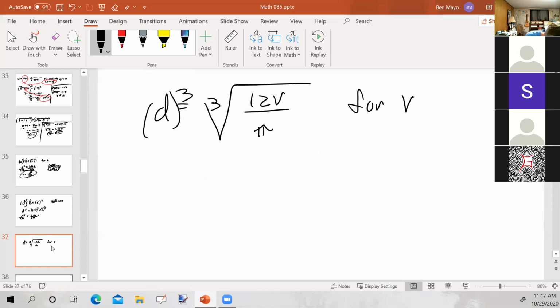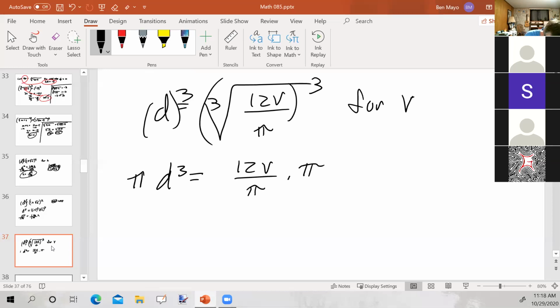Good job. So now I've got d cubed equals 12v over pi. What do I need to get rid of still on the right side? The pi? Okay, so we'll multiply both sides by pi. So pi d cubed equals 12v.